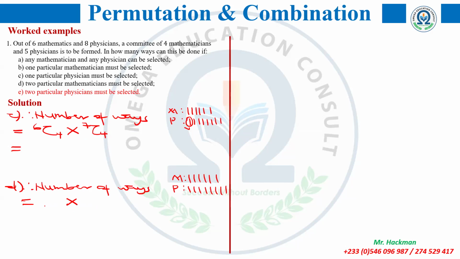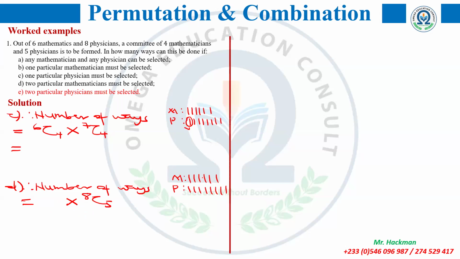So mathematician is what we are writing first. Or it doesn't really matter. It will always be multiplication, which is commutative. So you can write physicians followed by, but I want to keep the original position. So physicians, we still have 8 physicians to select 5 from. So to get 8 combination 5, is that not it?